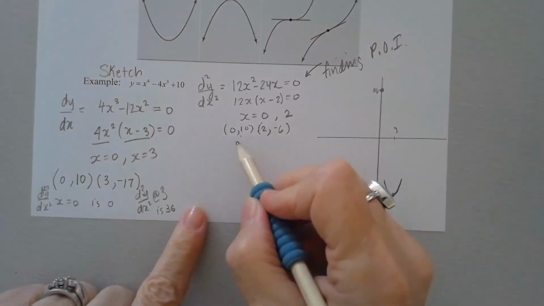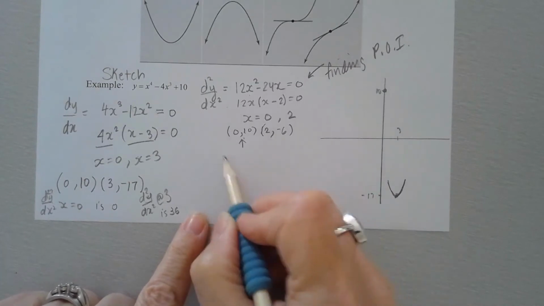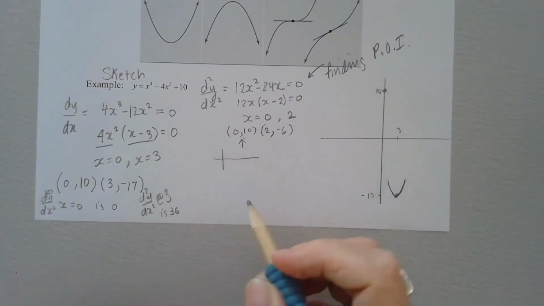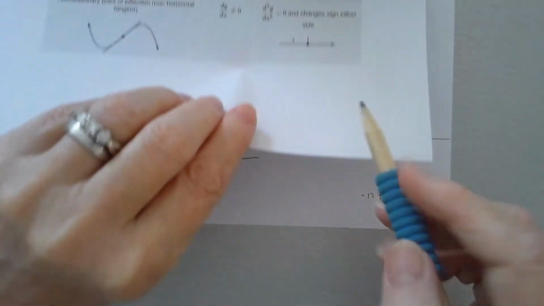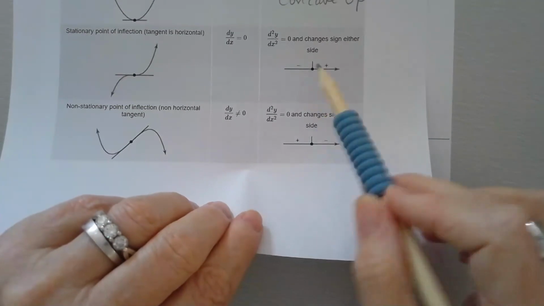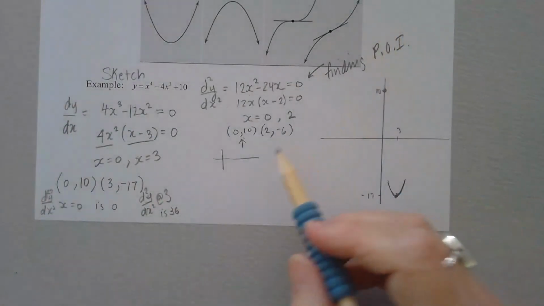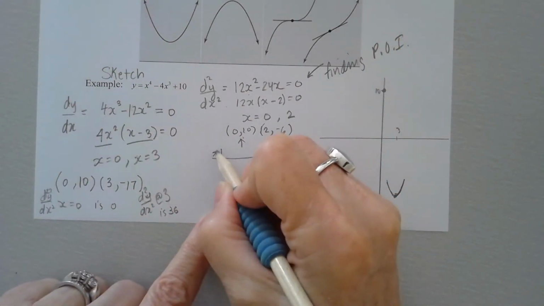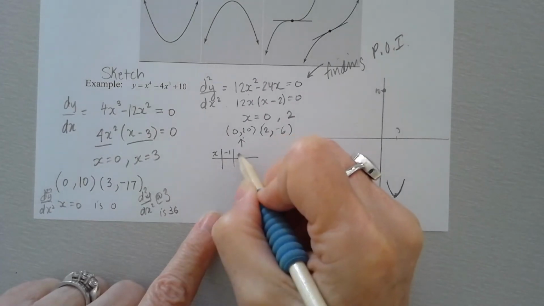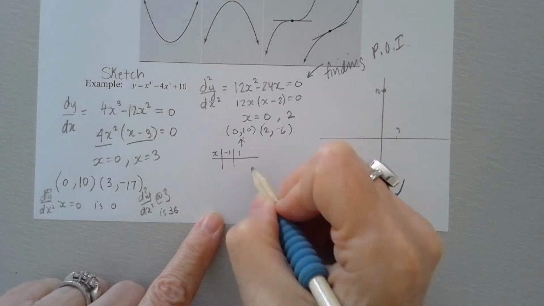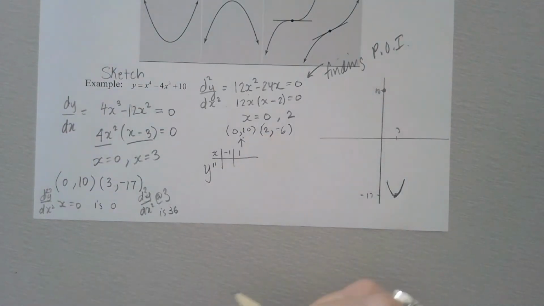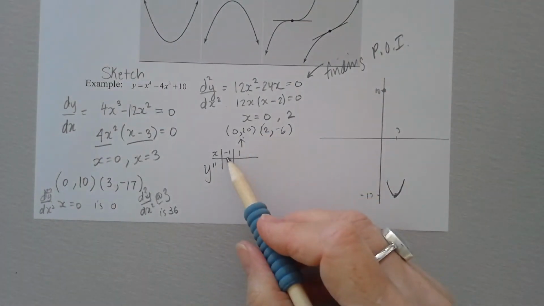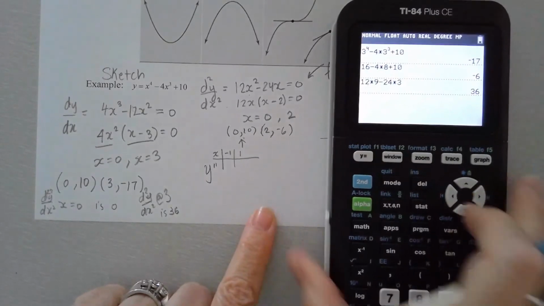But now let me test on either side of here. So let's see. Does the second derivative change sign? Because that's what it says has to happen here. It says it has to change sign on either side. So by 0, I'm going to pick -1 and 1. And I need to do the second derivative, okay? So when I go into the second derivative and I put in -1, I'll do it on here so you can see.